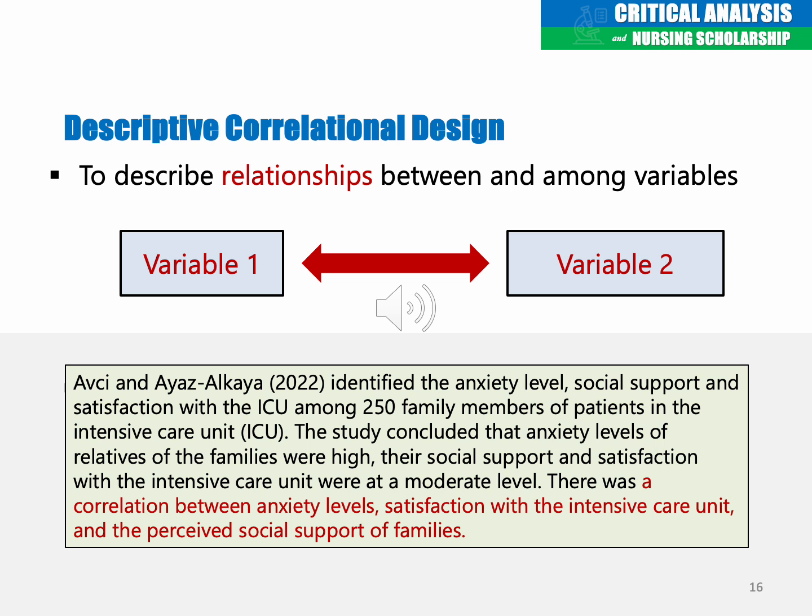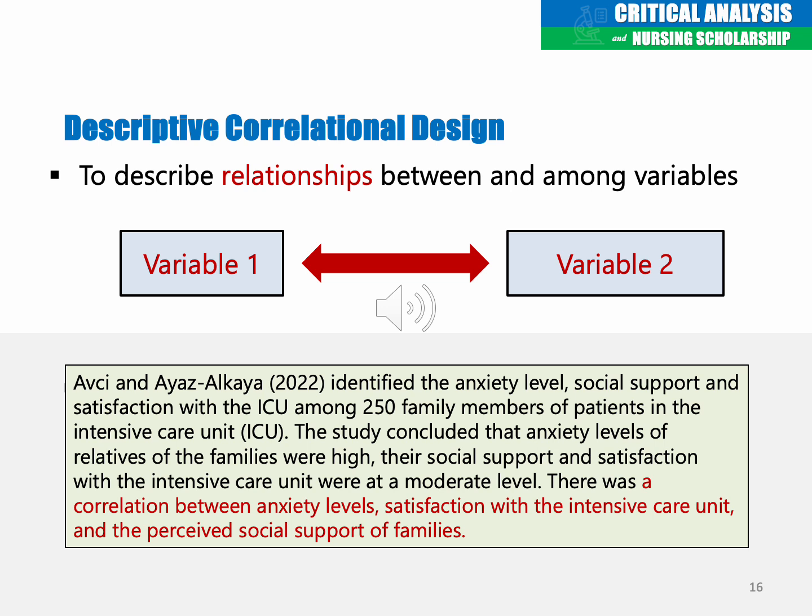Notice that in their analysis, they just examined whether anxiety level, satisfaction, and social support, which are variables, are correlated or have a relationship. Now, what are the pros and the cons of descriptive correlational design? First, descriptive correlational design provides a snapshot of how variables are related to each other.